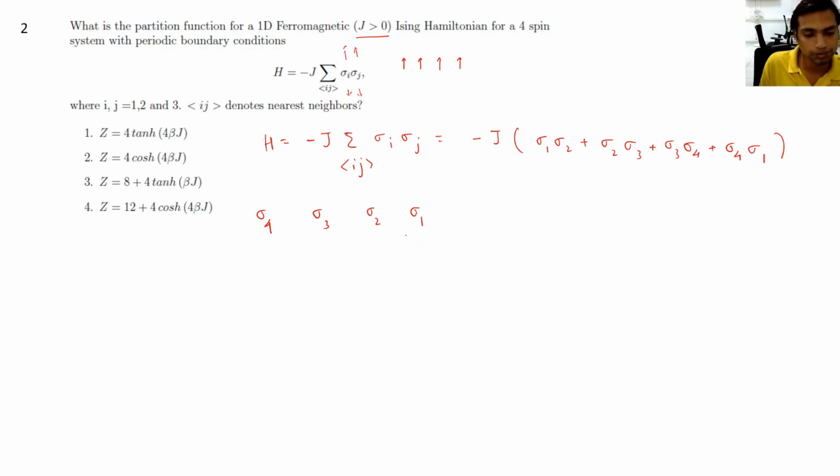So how many possible values would there be? Each has 2 values, so it is 2 to the power 4 different combinations of the sigma i's.